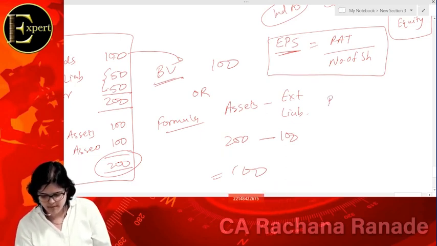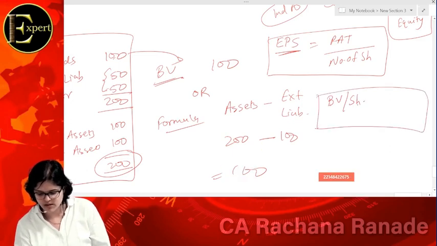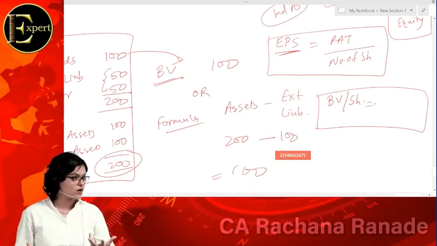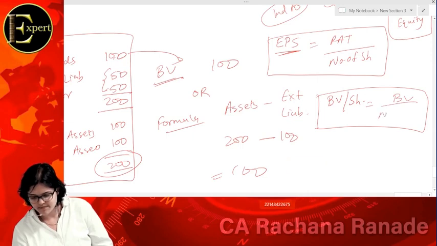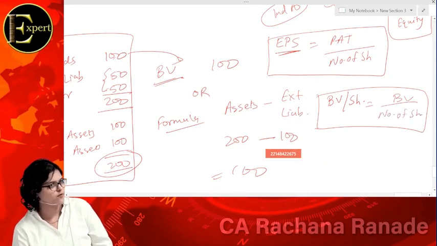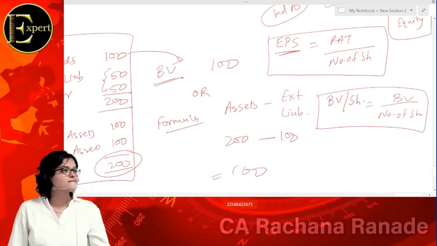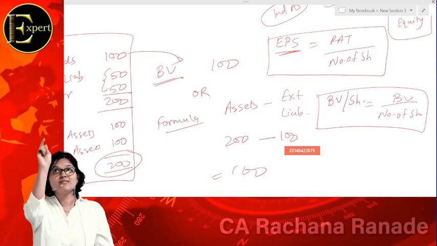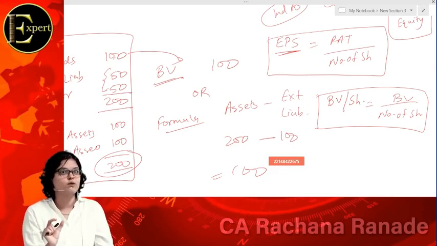If I were to calculate book value per share, now tell me logically what will be the formula for book value per share? It is very easy. Total book value of the company divided by total number of shares again. Correct? And if you remember, how did we understand the total number of shares? Very good. Shareholding pattern. In the shareholding pattern, there was that second column wherein we scrolled down and understood the exact total number of shares.